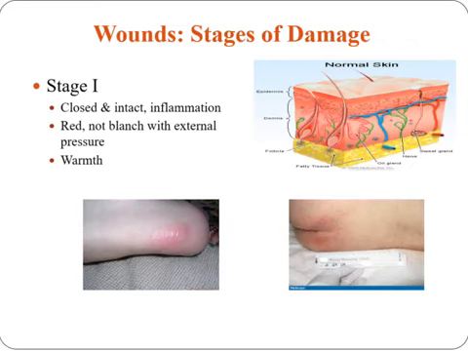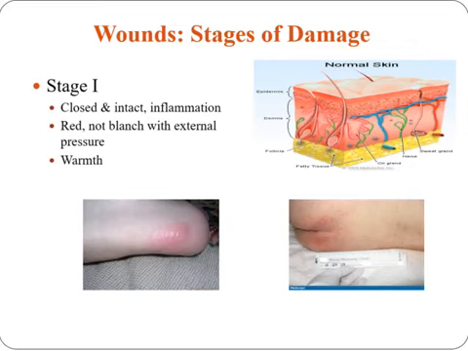That's blanching. So if you were to test those little areas, you were to touch them, they would not blanch, which means they would not turn white, they would stay red, and they'd also be warm. So that's the first indication that you have a stage 1 pressure ulcer.